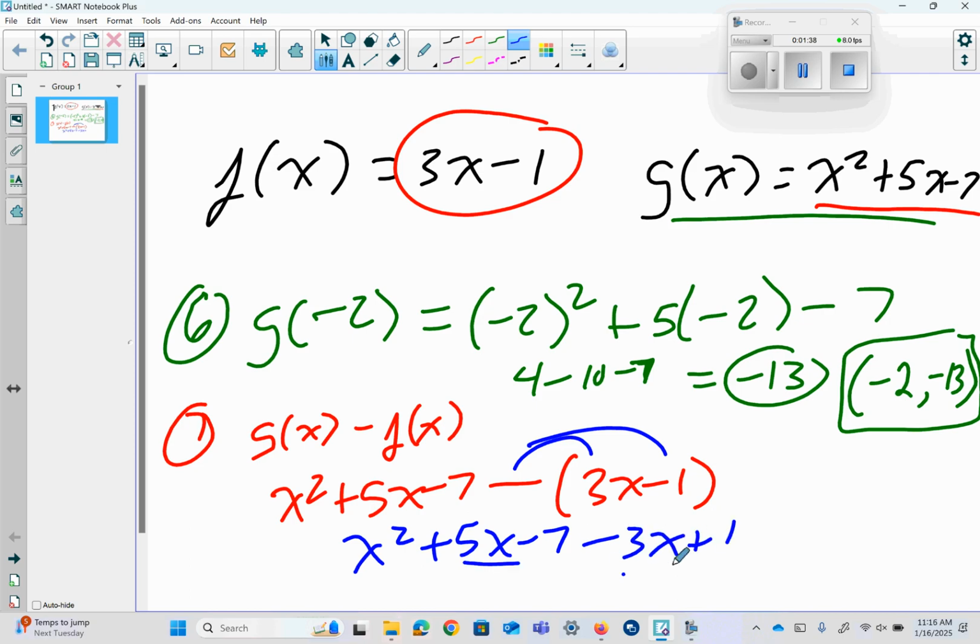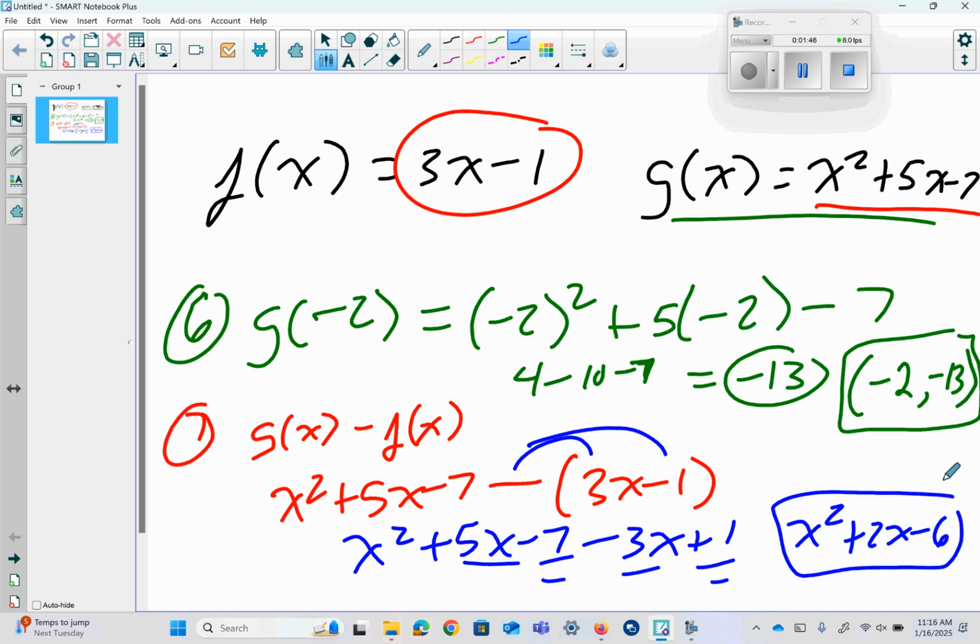And then combine like terms. Those are like terms, so I get x squared plus 2x minus 6. Cool. And then it starts getting to the different stuff where we're taking a whole bunch of stuff and plugging it in.